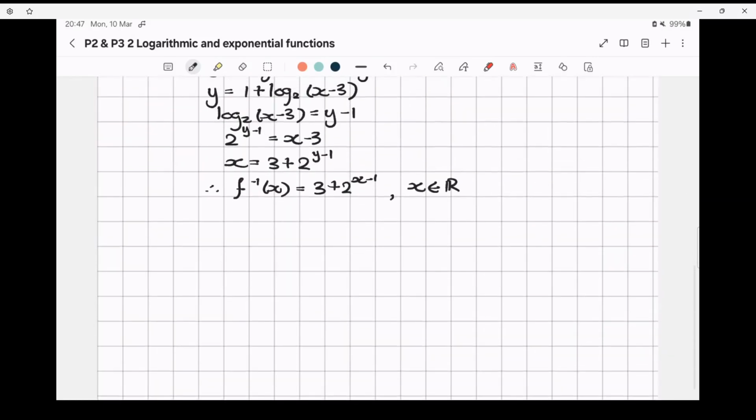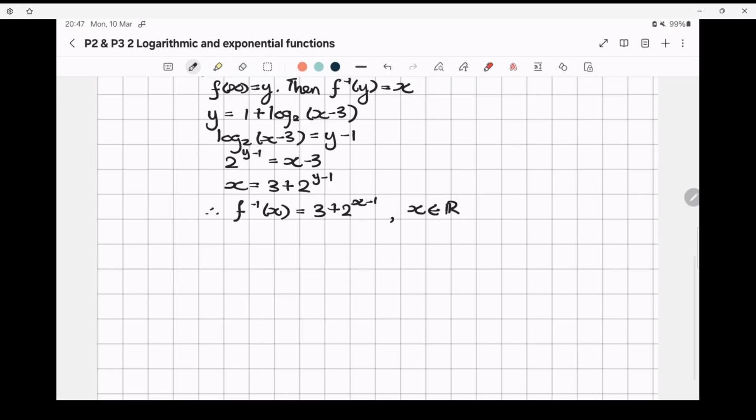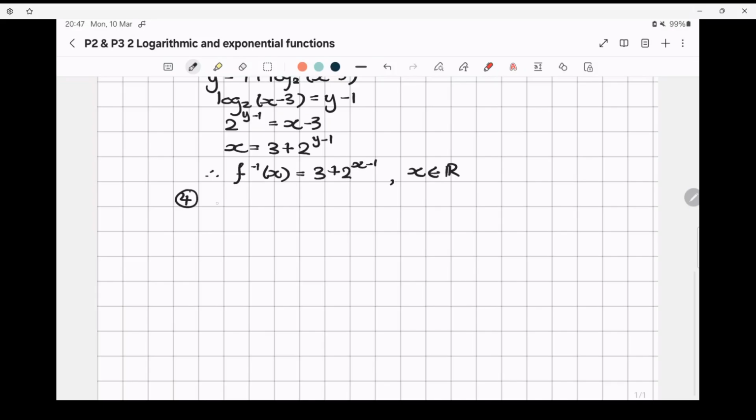So let's look at question number 4. If let's say you are given a logarithm equation, log base 2 of log base 3 of x equals minus 1, find x.